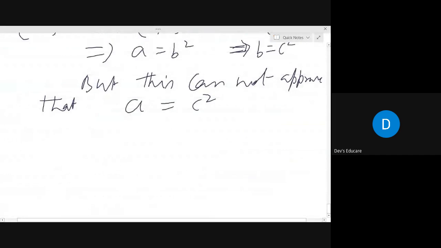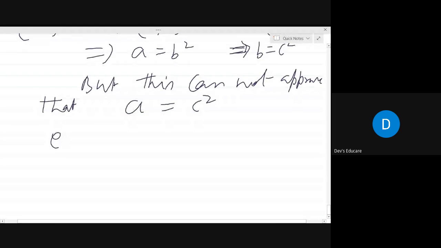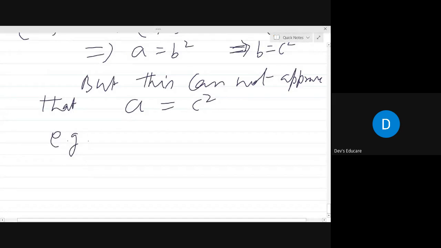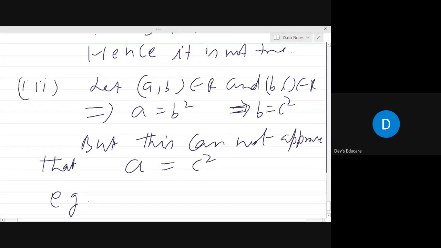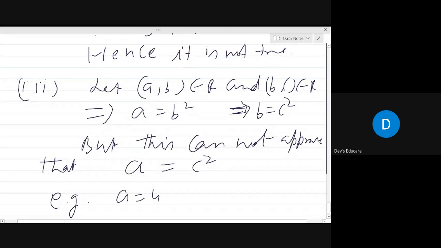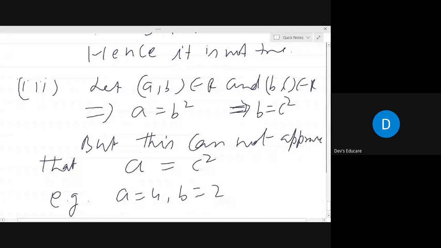Let us take an example. a equals b squared. So a is 4, b is 2. Let us take another example. a and b are both natural numbers actually.